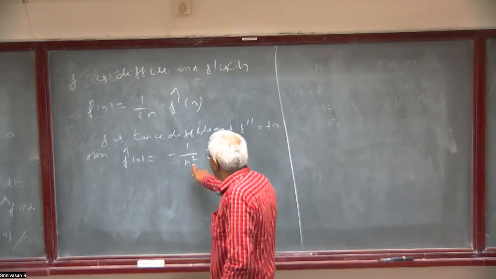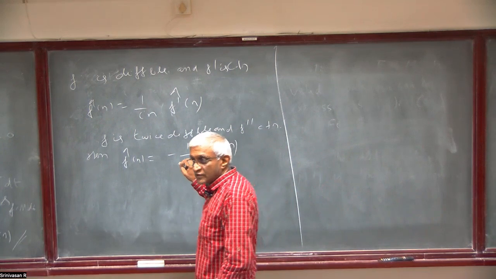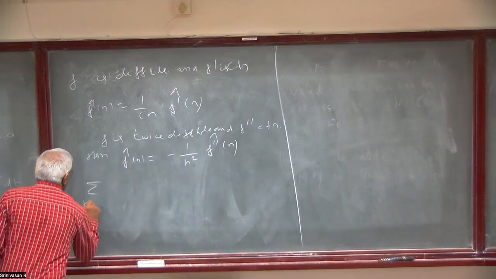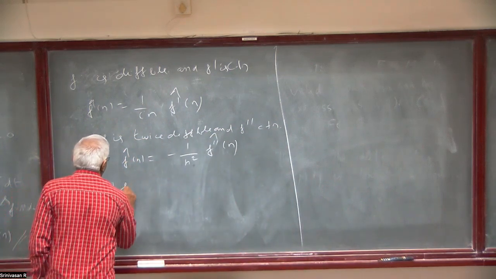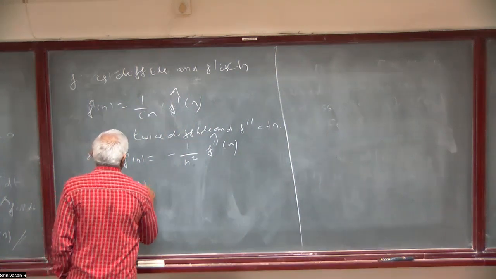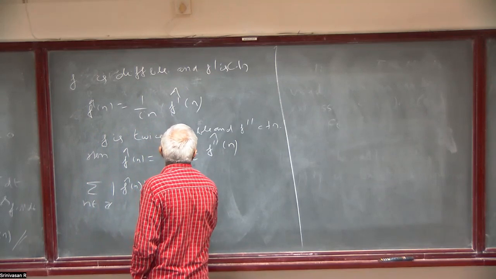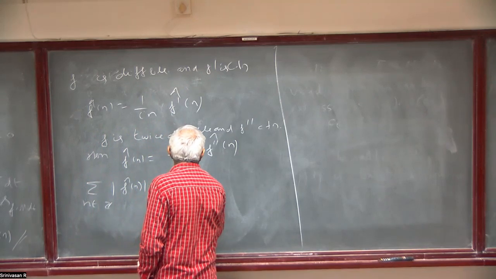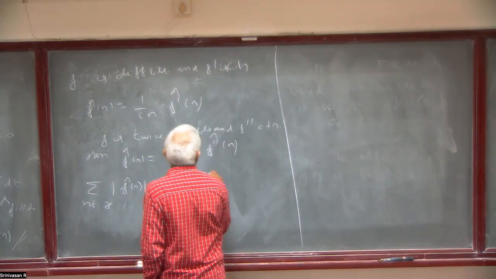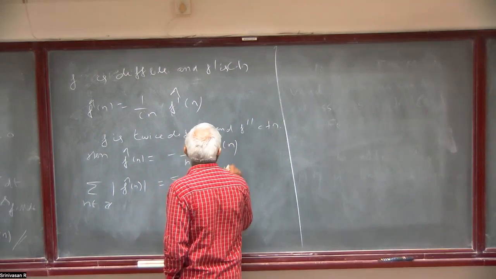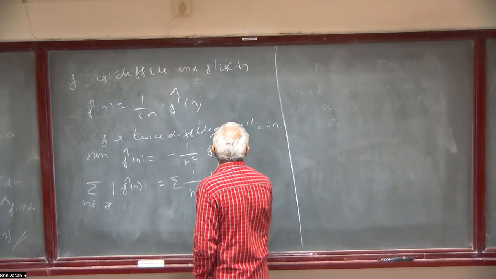And this is a summable sequence. So in particular, the summation over n in Z of mod of f hat n is equal to, I mean, 1 by n square times summation of mod of f double prime hat n.